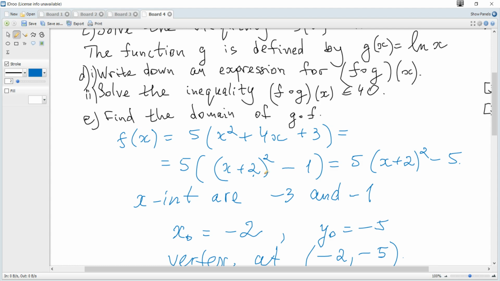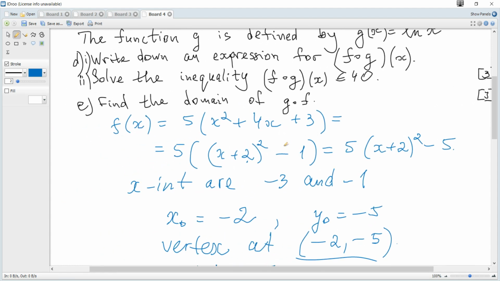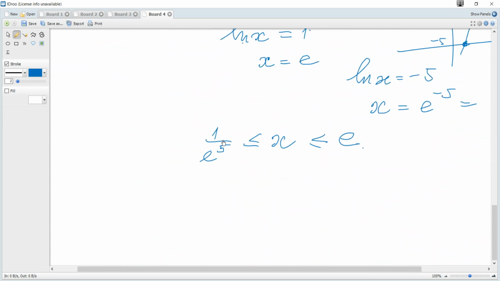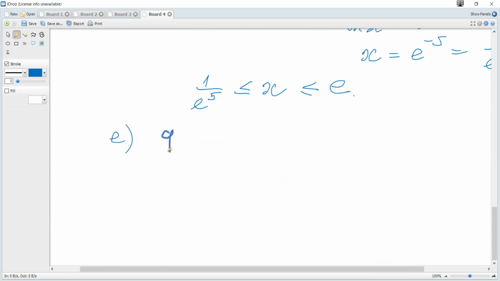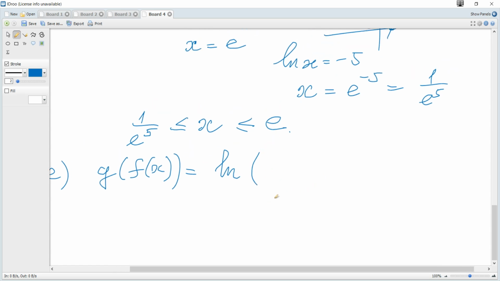Then find the domain of g of f. What is domain? Possible x values of g of f of x. It means g is ln, but instead of x we should write the expression for f.